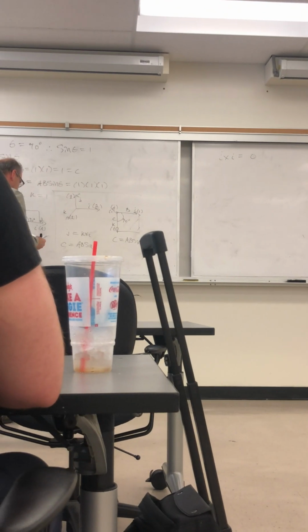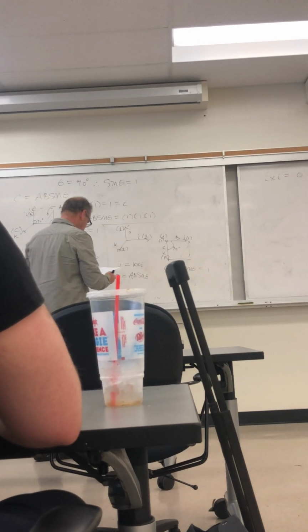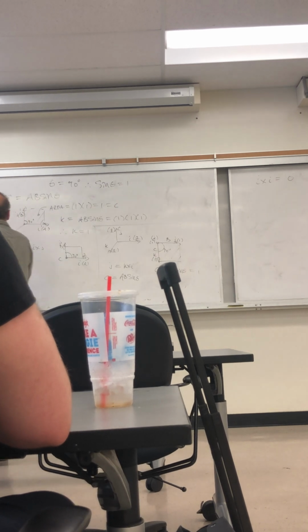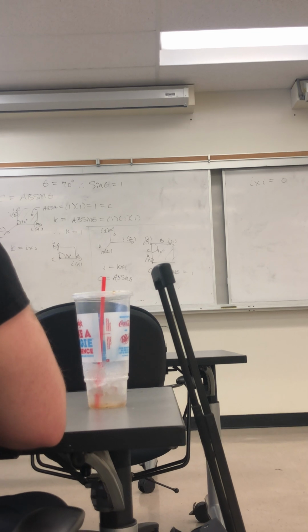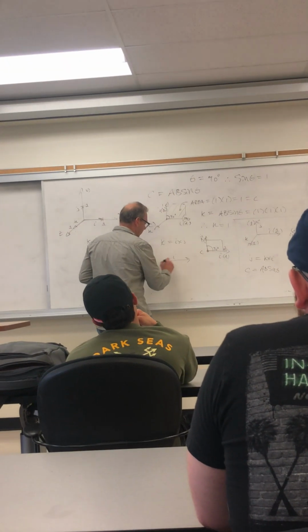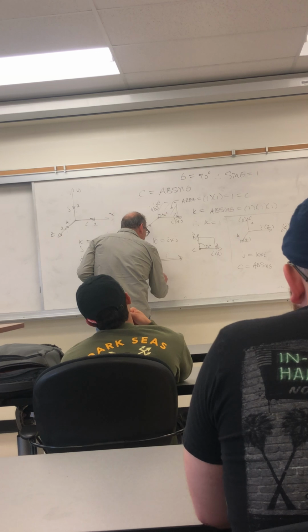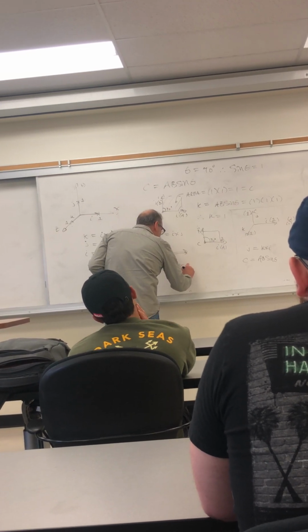Oh, I cross I is 0. That's because if you have the vector I like this, and then the other vector is a line, right? We have the value C is AB sine theta.